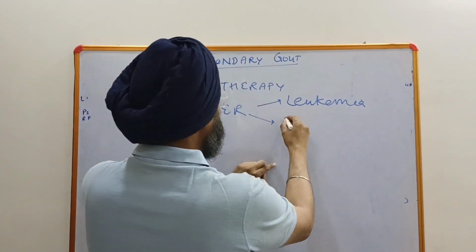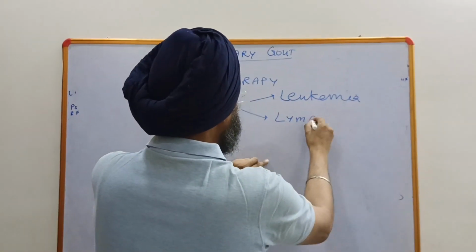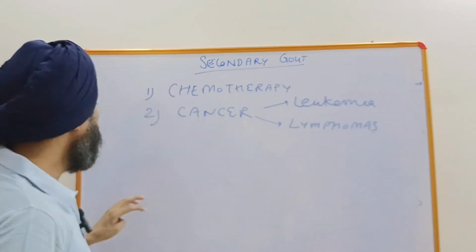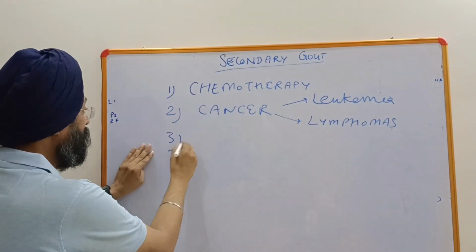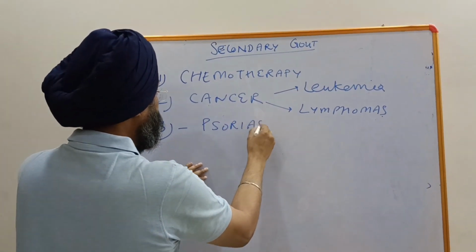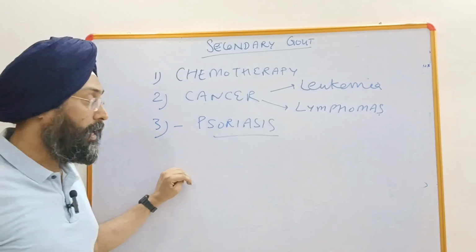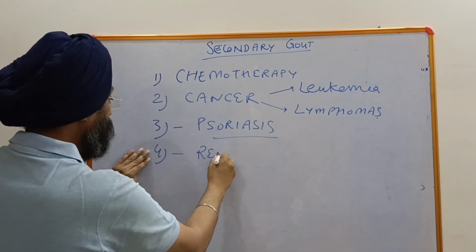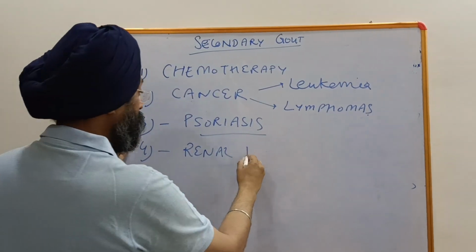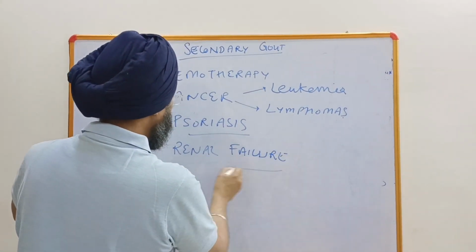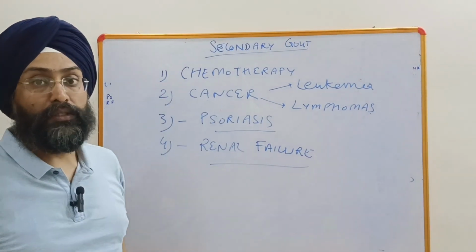Or it can be lymphomas as well, right? And the third reason is psoriasis, right? And the fourth reason is renal failure. So these are the 4 secondary reasons of the gout.